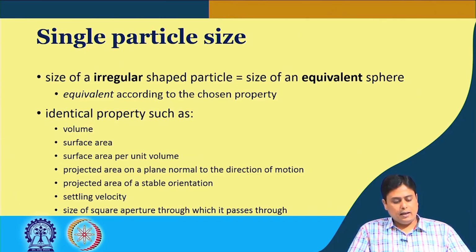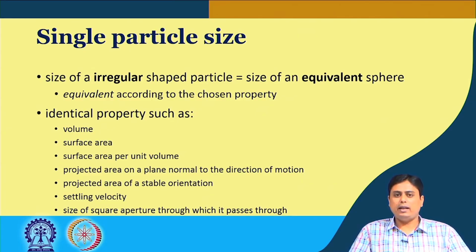The point is that when a particle is trying to settle through a pool of liquid, it attains a velocity. If you equate that velocity with the equivalent sphere and then determine the diameter of that sphere, you can get a size of an irregular shaped particle having identical settling velocity.